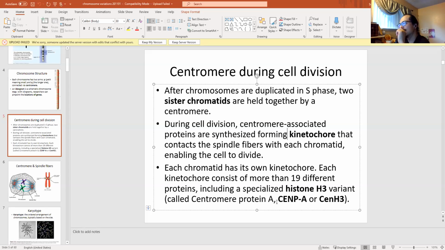Centromere protein A, CENPA, is a specialized histone.